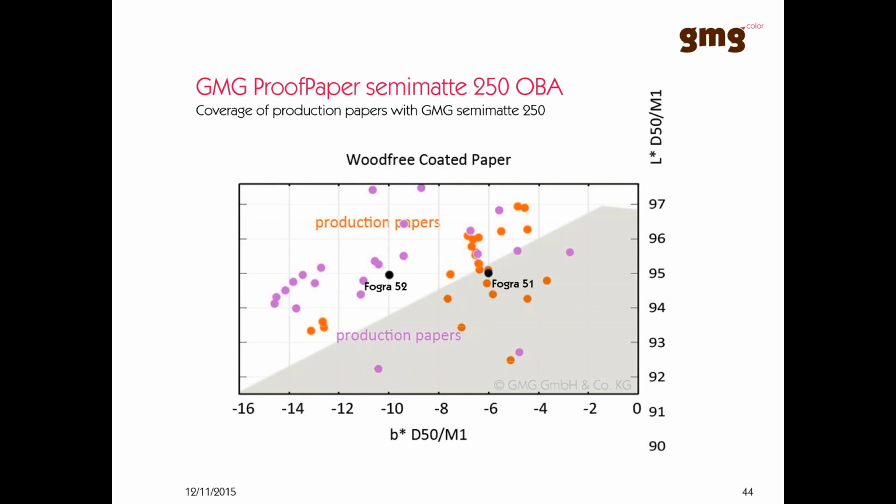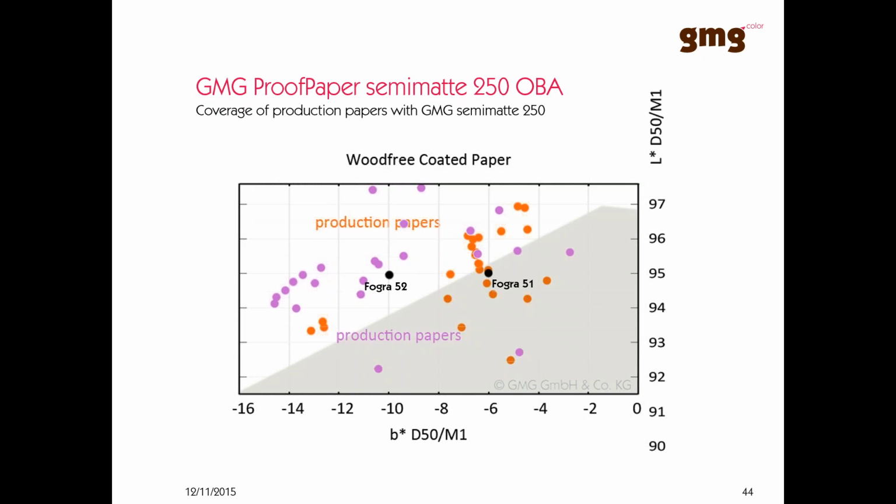So I can simulate delta b of 10, so 10 b more yellowish paper, and I will not be very dark with this paper simulation. But as soon as I use cyan and magenta ink on my proofing substrate to simulate a more bluish paper tint, I lose significant luminance. So I'm getting darker.